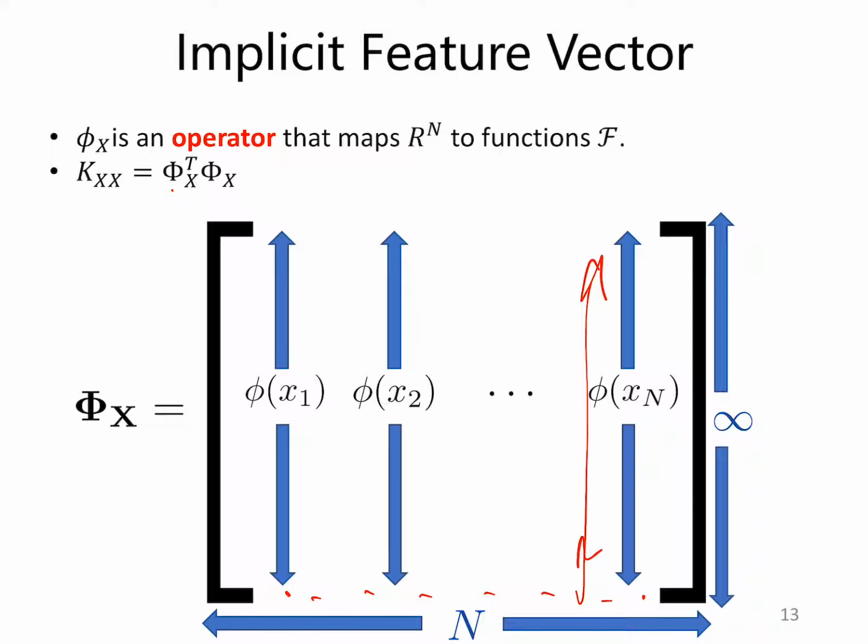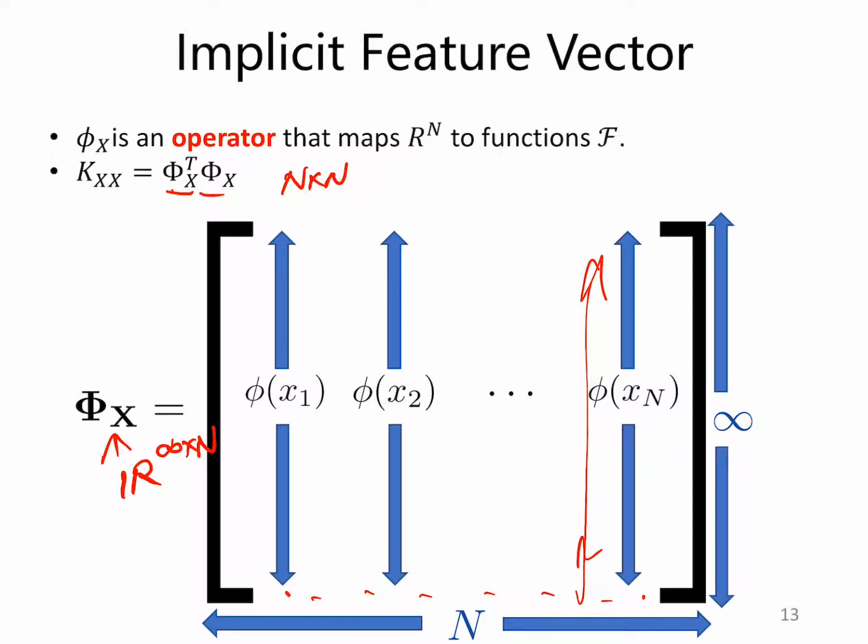So vaguely speaking, phi is going to be R, let's say, infinite dimensional by n, so phi transpose times phi is going to be n by n. But as I told you, in our Gaussian process, the object that we are dealing with is just K. We never deal with phi. But it's good to have this intuition in your head.